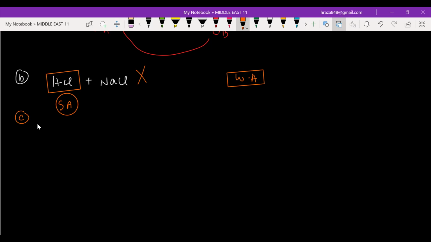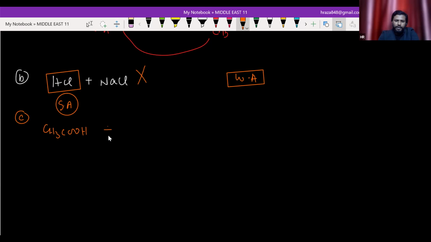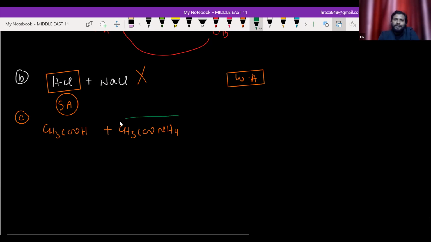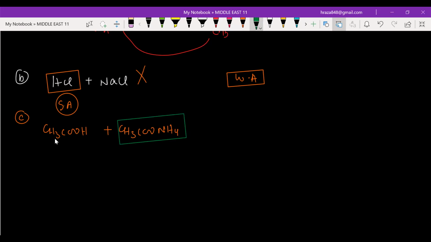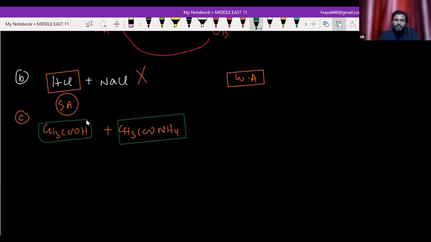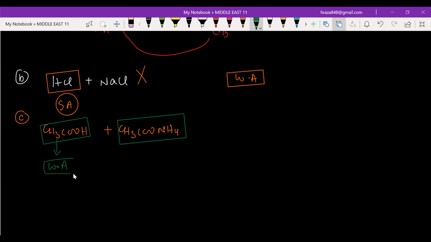Now see, CH3COOH plus CH3COONH4. First tell me what it is, acid, base or salt? Salt, sir. Now look at this. What is this? Acid, and this acid is weak acid, right?